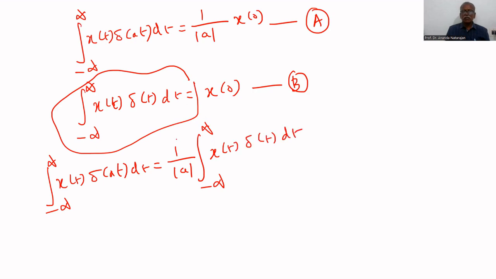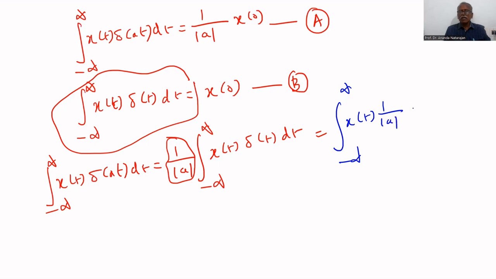If we bring this constant inside, it becomes the integral from minus infinity to plus infinity of x of t times 1 by modulus of a times δ(t) dt. Now, if we compare the left-hand side and right-hand side, in the integration we have x of t and dt on both sides.